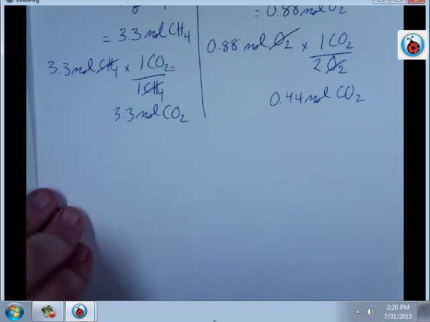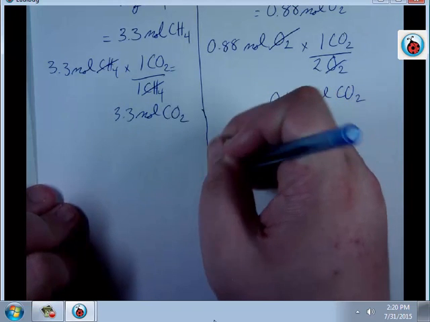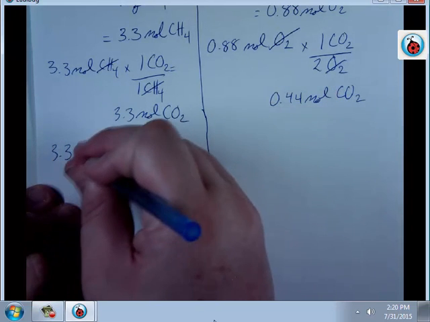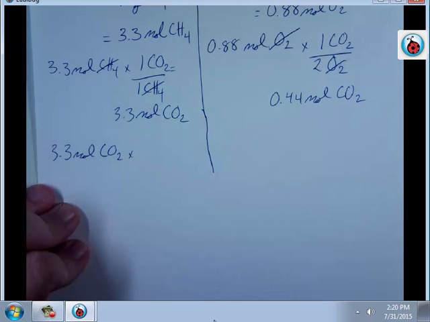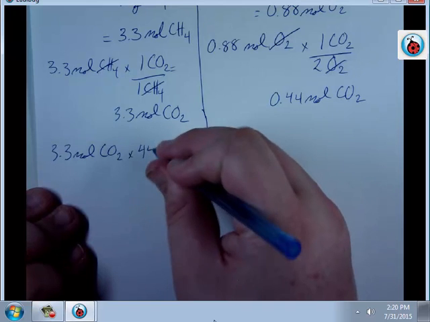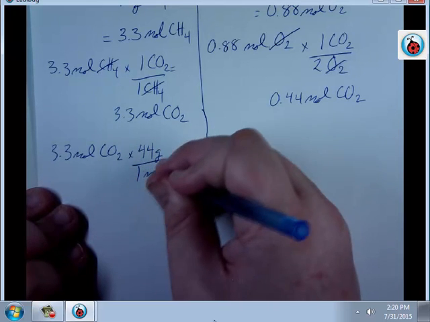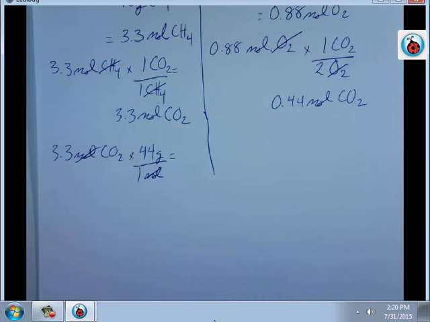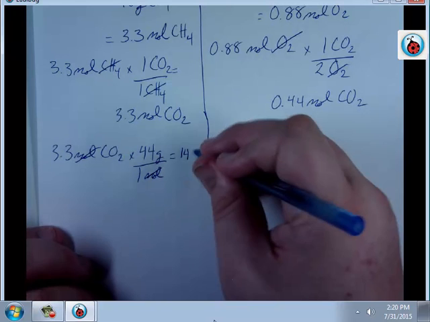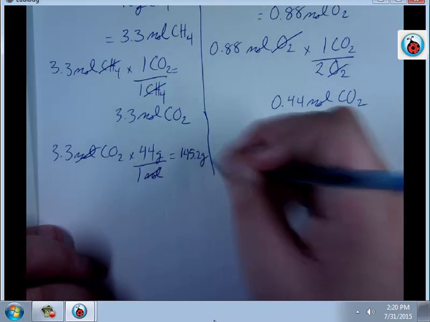Alright, now I'm going to convert to their masses. Over here I have 3.3 mole CO2 times, and it is 44 grams for every 1 mole, which gives me 145.2 grams.